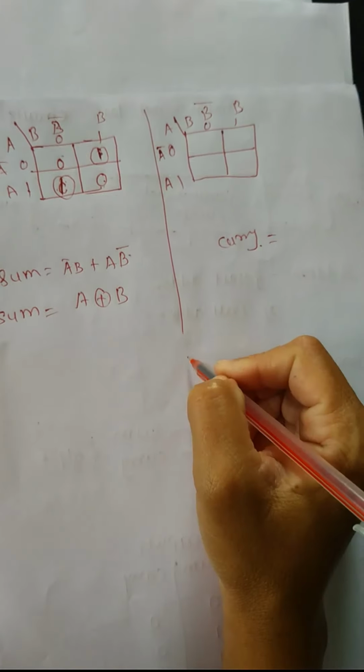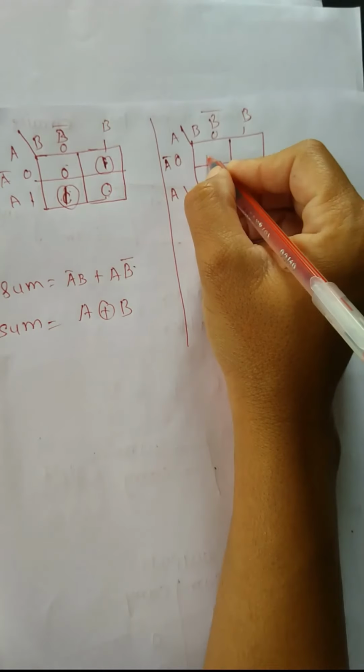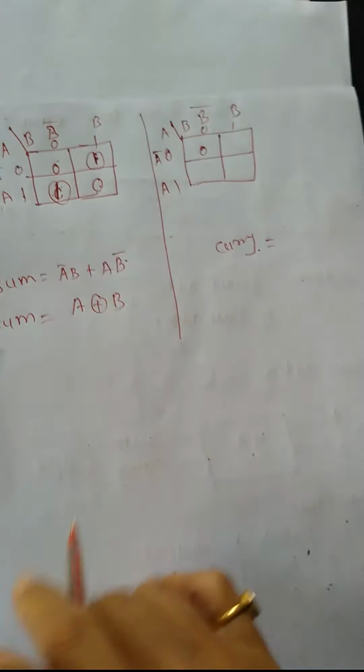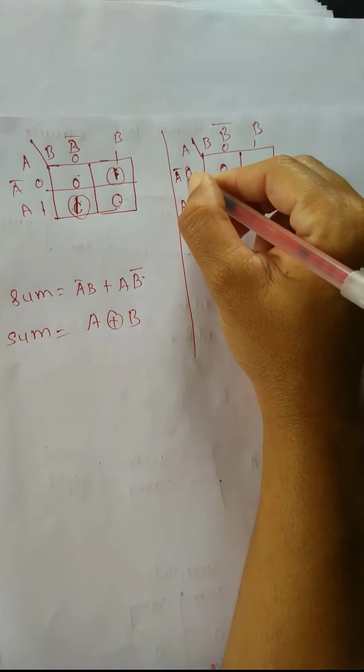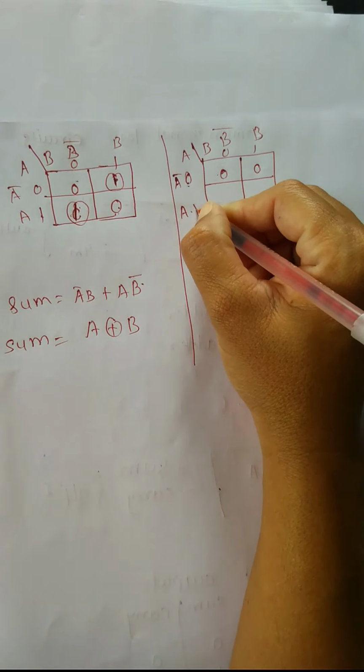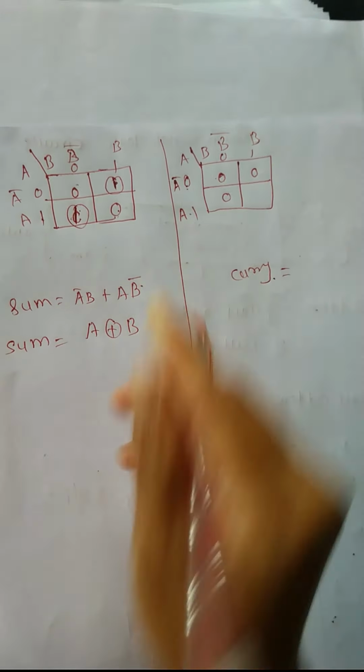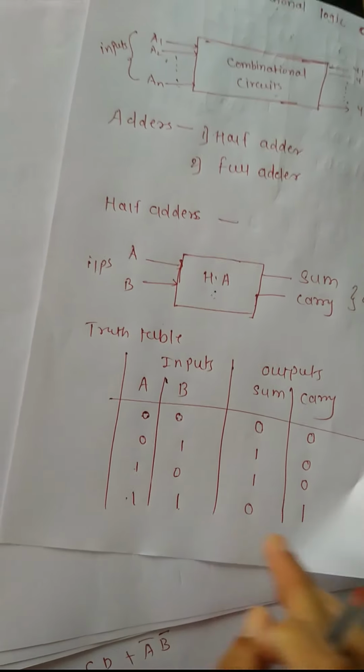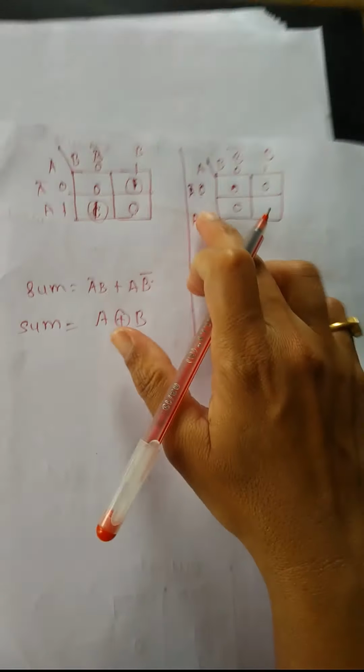Next, carry. From the truth table, for 0 0 carry is 0, for A 0 B 1 carry is 0, for A 1 B 0 carry is 0, and for A 1 B 1 carry is 1.